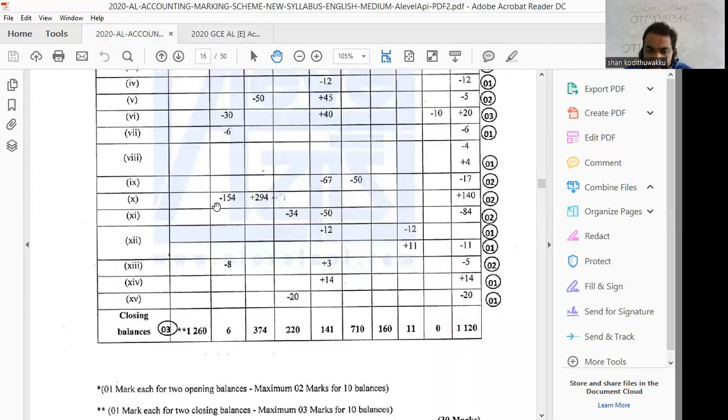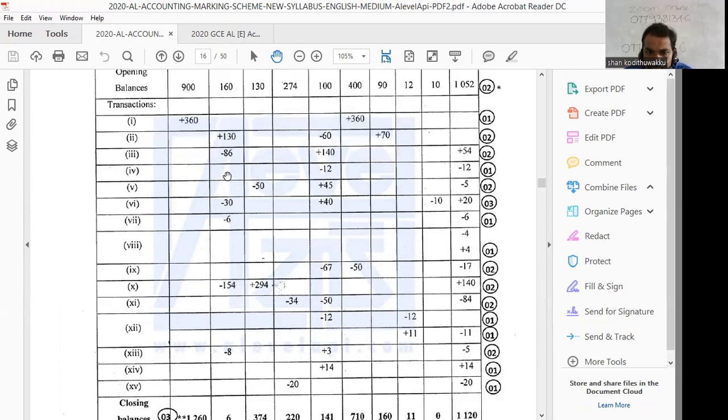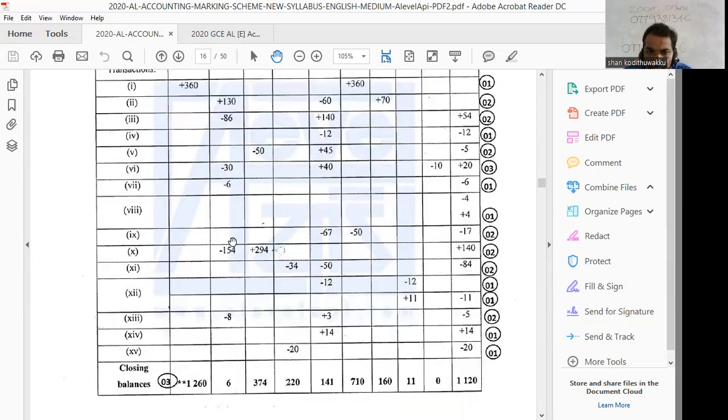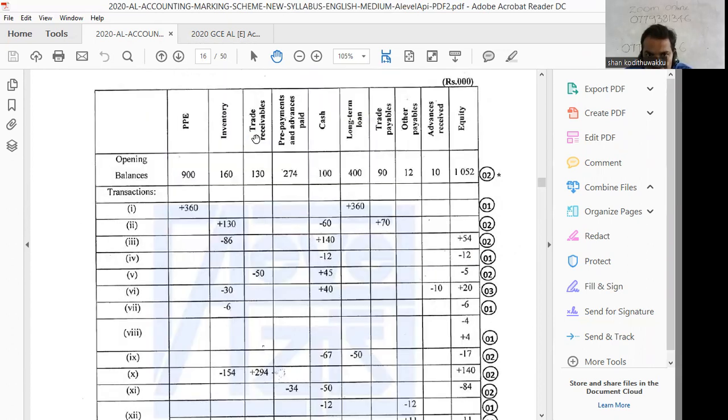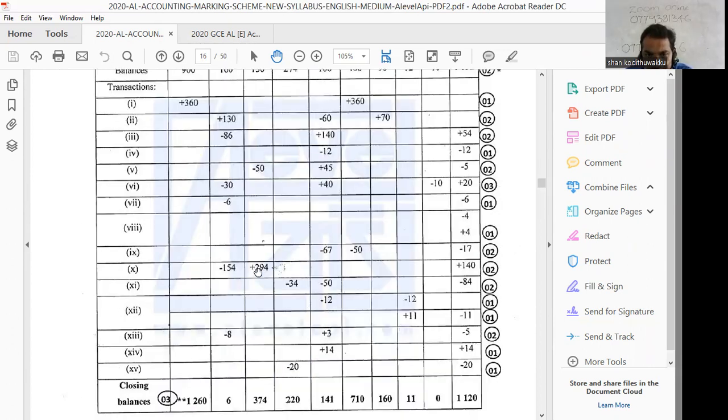As they have used maintenance material worth 154,000 to provide the service, it will reduce existing inventories by minus 154,000. Then, as they have provided 294,000 worth of service on credit, it will increase trade receivables by plus 294,000.